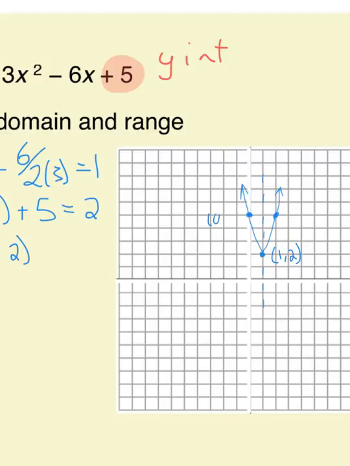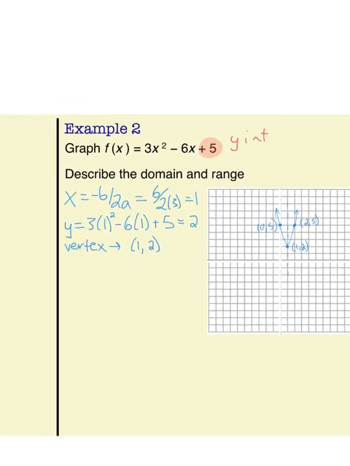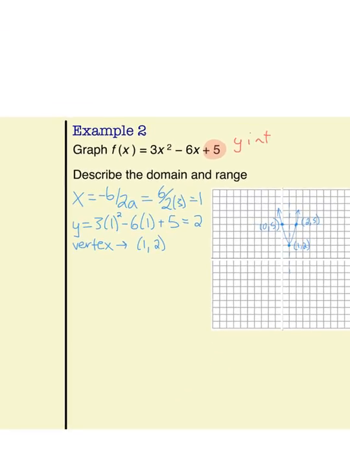I can graph the point 0, 5, where the y-intercept is. And after reflecting it over the axis of symmetry, I can also plot the point 2, 5 by reflecting that y-intercept. So now I have a parabola. I graphed the function f of x equals 3x squared minus 6x plus 5.